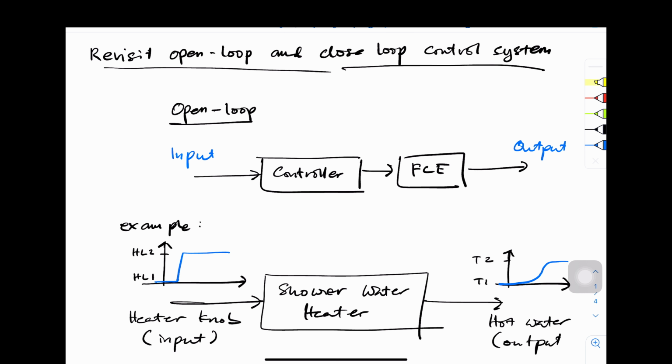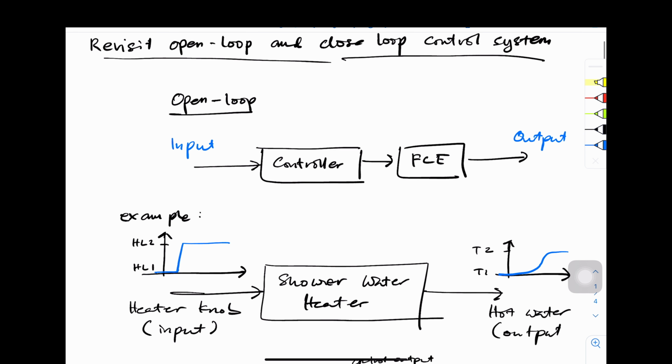An open loop control scheme is always represented by a block diagram. In an open loop control system, we have a controller and a final control element, where when we put the stimulus input, we will directly get the output.